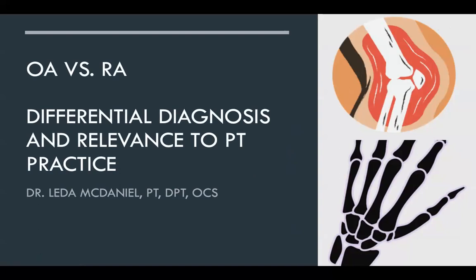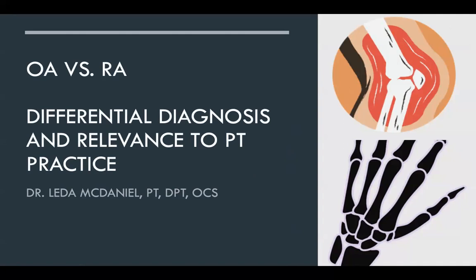I'm a physical therapist and adjunct professor at Emory University in Atlanta, Georgia. Today, I want to talk about the differences between osteoarthritis and rheumatoid arthritis, and specifically the relevance to physical therapy practice.